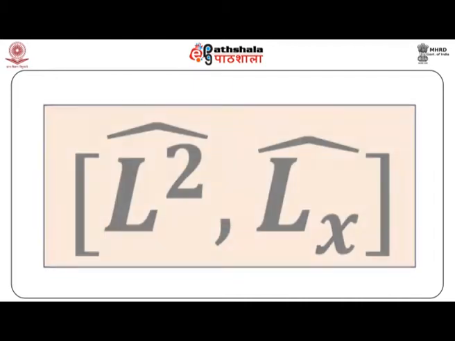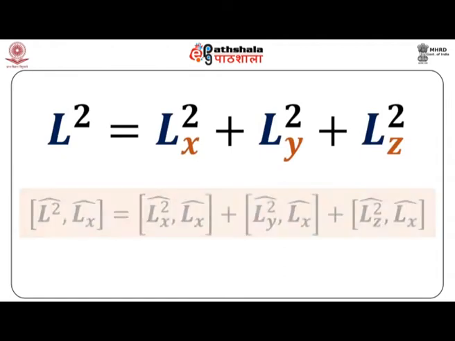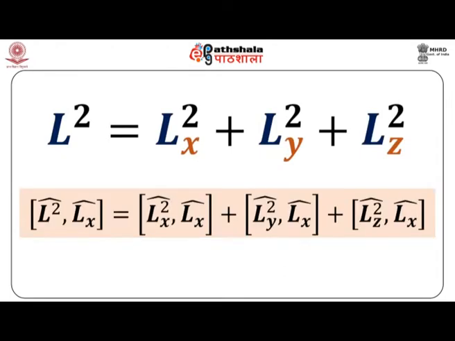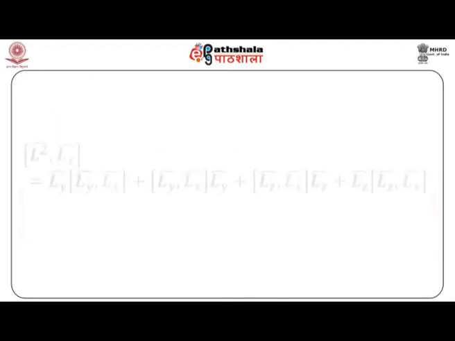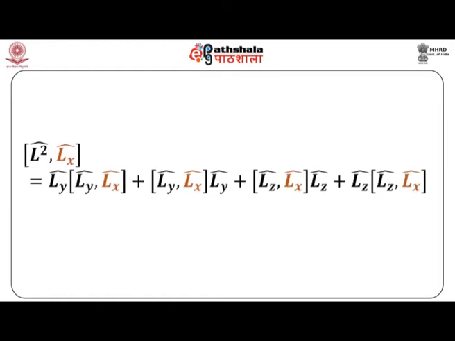On substituting the values of L², we get the commutation relation as the sum of commutation between [Lx², Lx] plus [Ly², Lx] plus [Lz², Lx]. Now this on simplification gives Ly[Ly, Lx] plus [Ly, Lx]Ly plus Lz[Lz, Lx] plus [Lz, Lx]Lz.